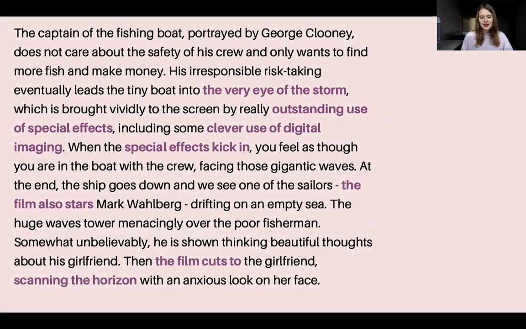Next paragraph. Here we have a variety of language. First, language typical of reviews. For example, special effects kick in, or the film stars, or the film cast to, and also some descriptive language, beautiful language like the eye of the storm, outstanding use of special effects, clever use of digital imaging, like instead of special effects, by the way, synonyms, don't forget about them, and scan the horizon.